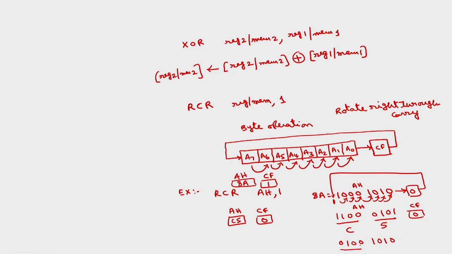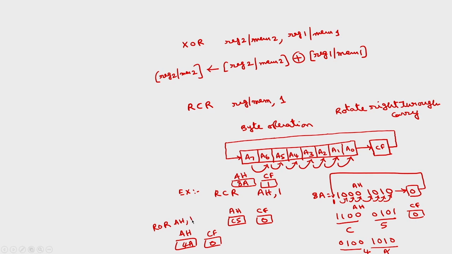So, this content becomes 4A. The contents of AH becomes 4A and carry flag will be reset in both the cases, if this is ROR AH comma 1.